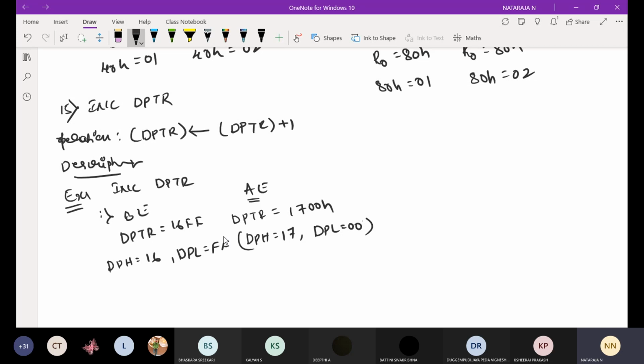Like I said, for the same instruction, you try for DPTR 00FF. This is before execution. You try for after execution, and also try DPH and DPL for before execution and DPH and DPL for after execution also.